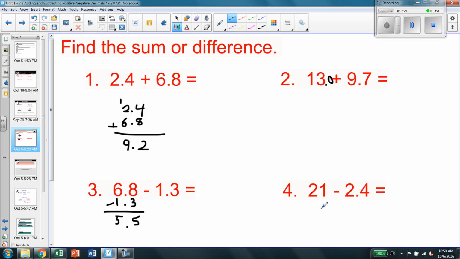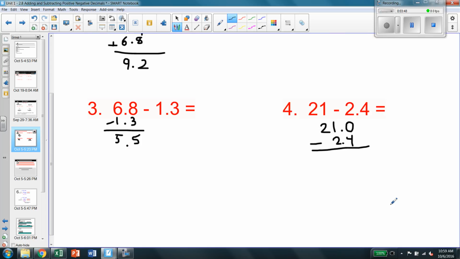Over here, 21 minus 2.24, because this is like 21.00. And to fill in this space, we need to have a placeholder. So we put in our placeholder. Now, can we subtract 4 from 0?